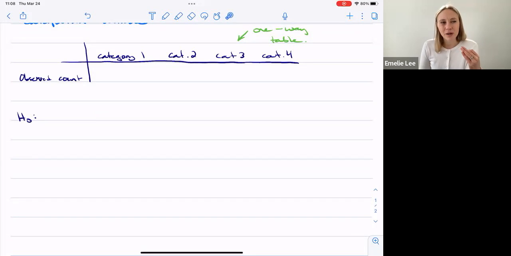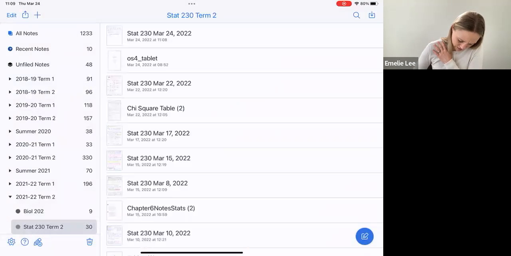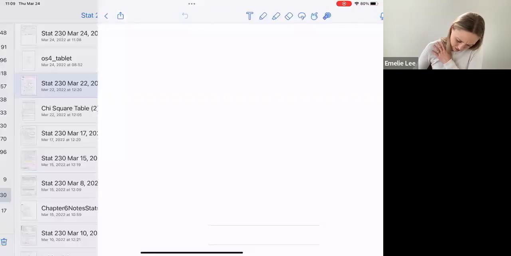So the null hypothesis is that the observed distribution of counts follows approximately the same distribution as the expected counts. Now, there are lots of different ways that you can phrase this, depending on the question. I think we had a question before that we had.